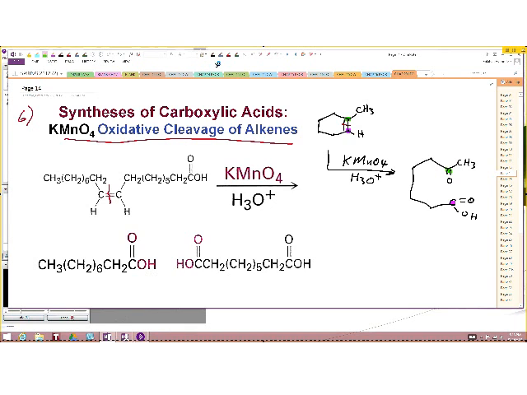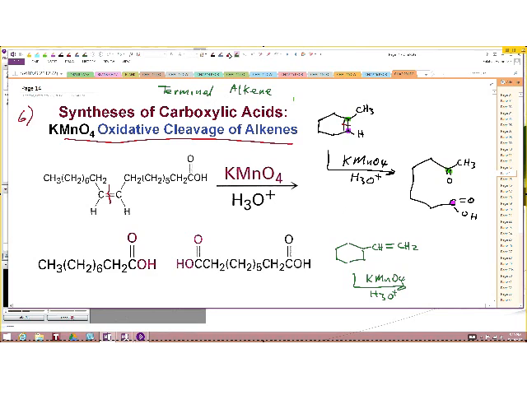Another example. If I take this here and I react that with potassium permanganate, in this case, this is a terminal alkene.